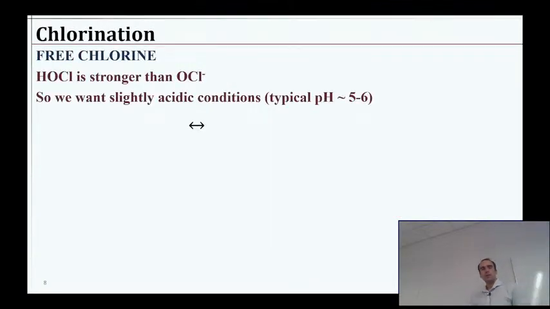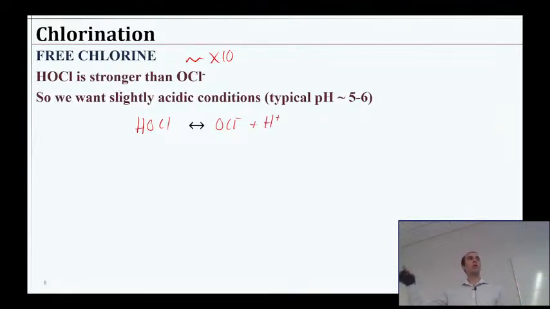Okay, so back to free chlorine. I already said HOCl is the stronger one. It's about 10 times stronger. And we then want slightly acidic conditions, because when we have acidic conditions, that means we have more H plus in the solution.